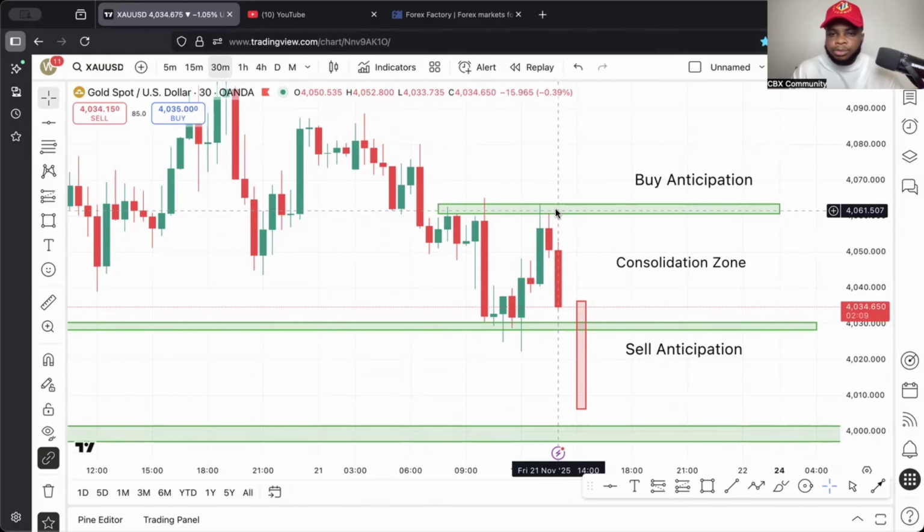The candle is left with 2 minutes before the candle will close. So let's just be patient. We don't need to do anything.